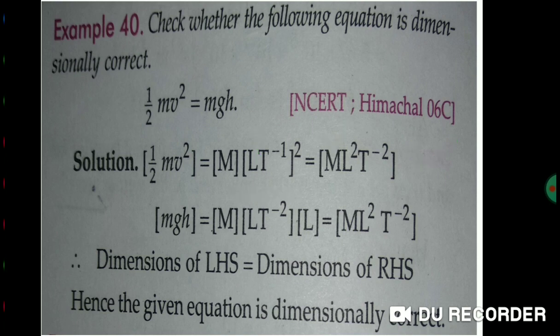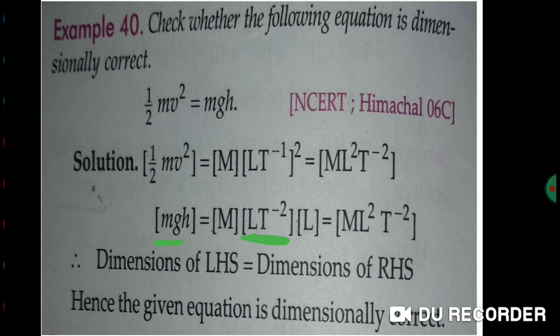Now the dimensional formula of mgh. The dimension of mass is M. G is what? Acceleration due to gravity, so the formula is the same as acceleration, which is LT^-2.